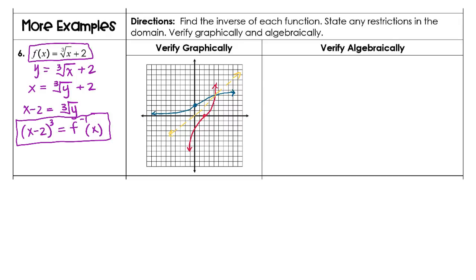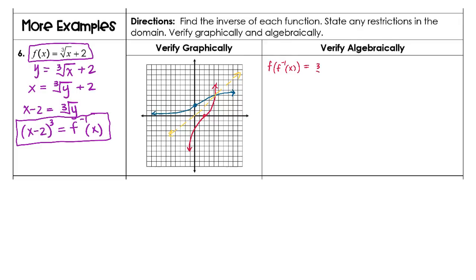So here, whenever we prove this, going to go through the algebra of it, then we're really looking at f composite f inverse of x. So we're substituting in what we found as the inverse into the original.